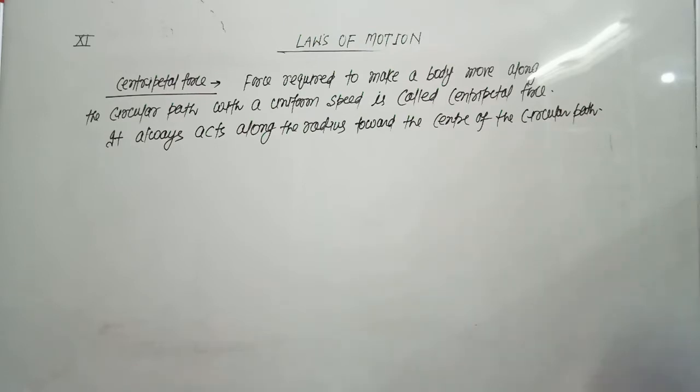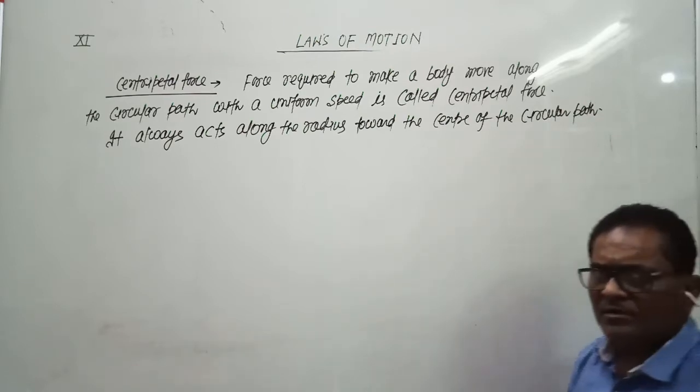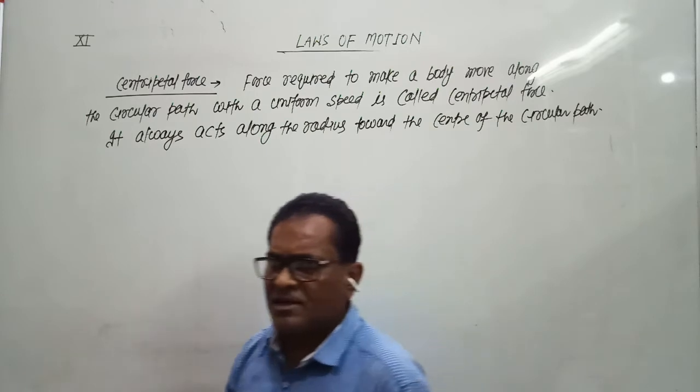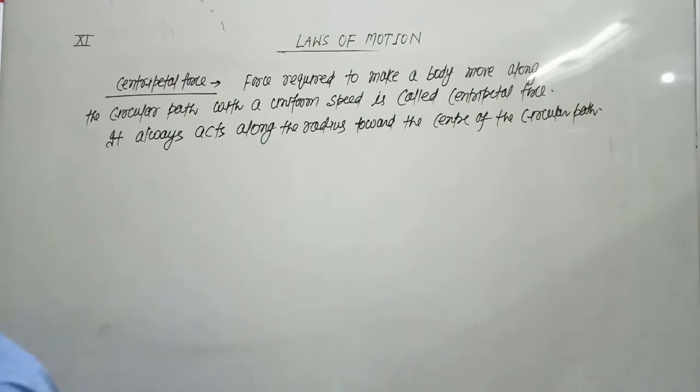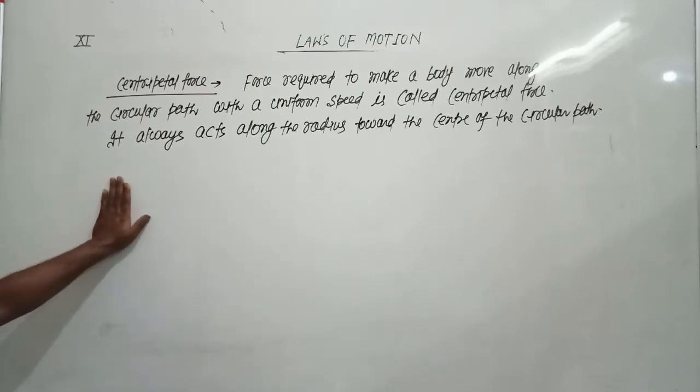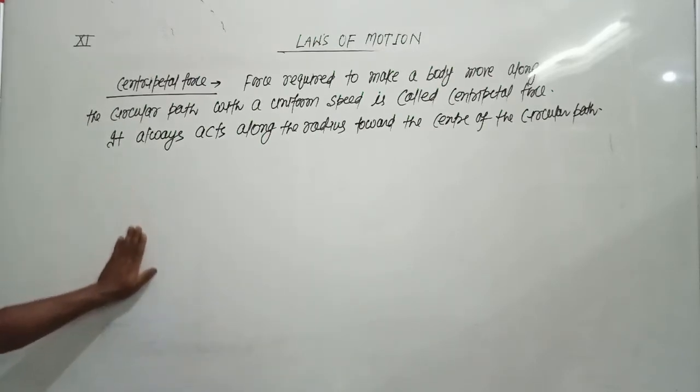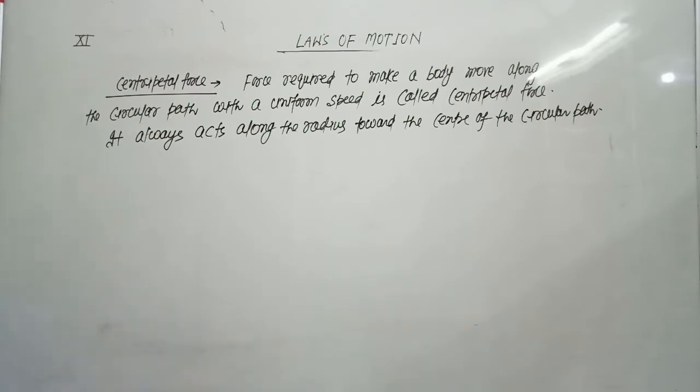The radius is always perpendicular, so the centripetal force is perpendicular to the tangent. So the force required to make a body move along the circular path with uniform speed is called centripetal force, and centripetal force acts along the radius towards the center of the circular path.